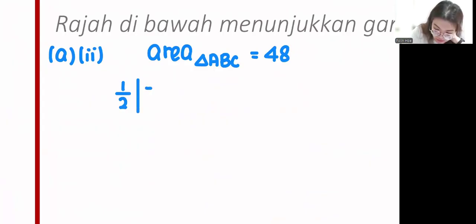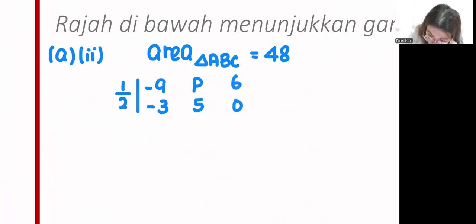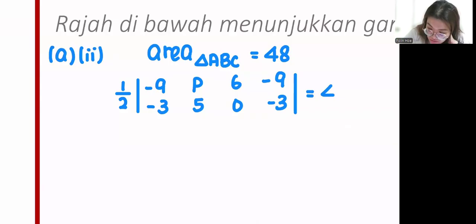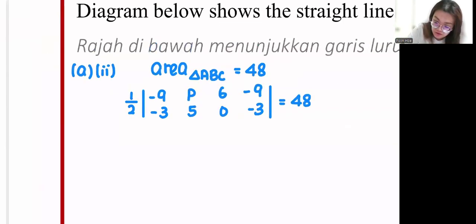A is -9, -3. B is p and 5. C is 6 and 0. Remember to repeat your A. Does this line get marks? No. This line gets no marks. The next line only gets marks.